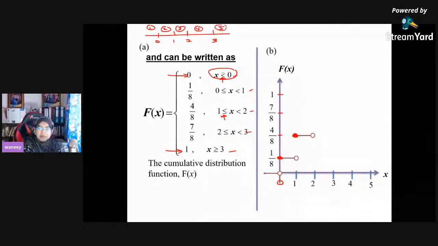The next step is 7 over 8. And then the last one is for x greater than or equal to 3. So it will be an arrow going to the right hand side. So we start from 3, going to the right side.